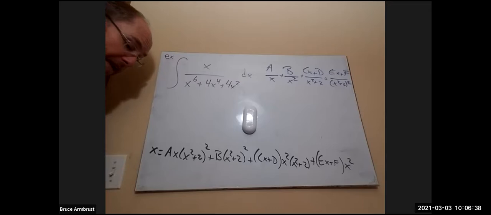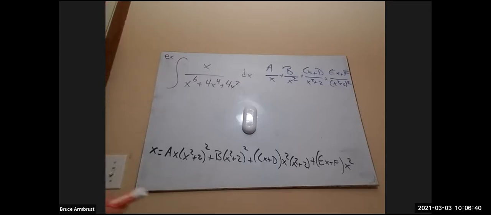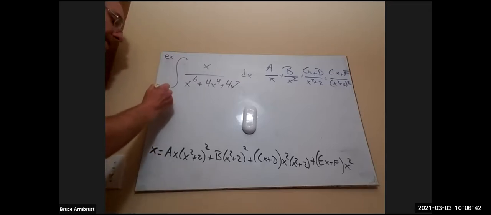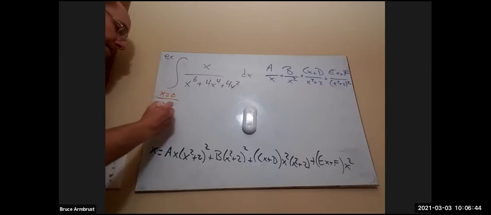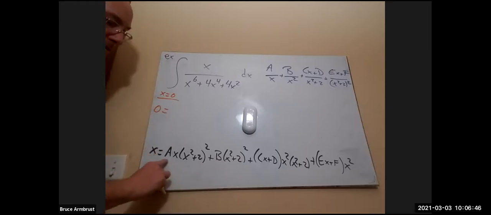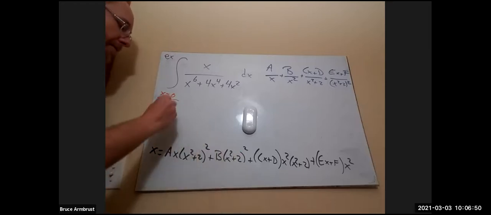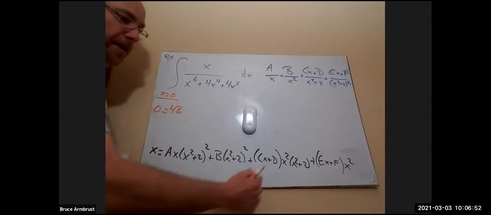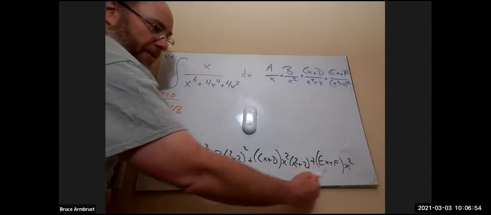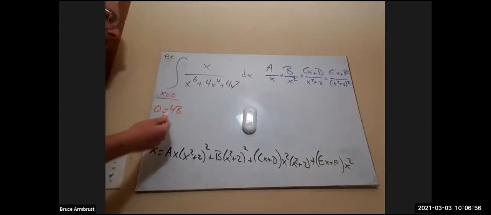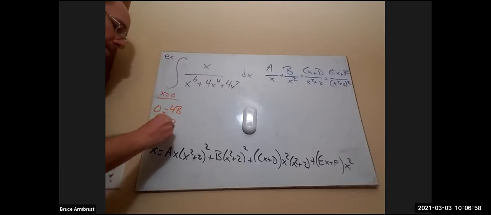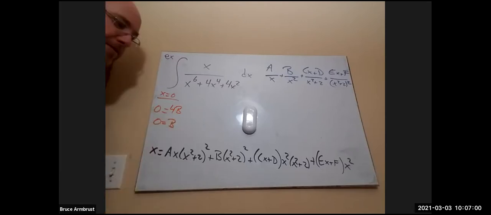If you plug in x equals 0, you get 0 equals a times 0, b times 2 squared, so 4b, and then 0 from all the rest. Oh, that one was quick. B is equal to 0.